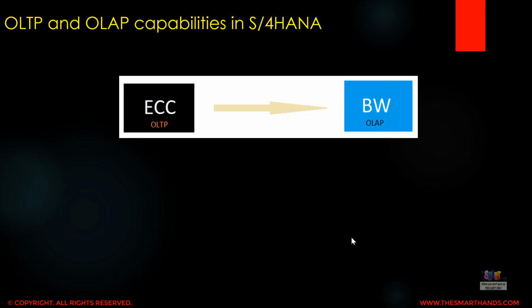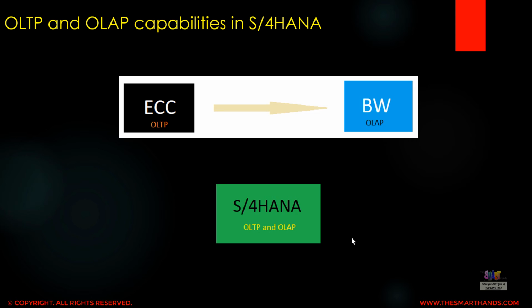Now, as we know, with our existing ECC system, all the data is transferred from ECC to BW overnight, and BW will provide you a lot of different types of reporting, different views and all that. But with S4 HANA, both OLTP and OLAP are within one system.